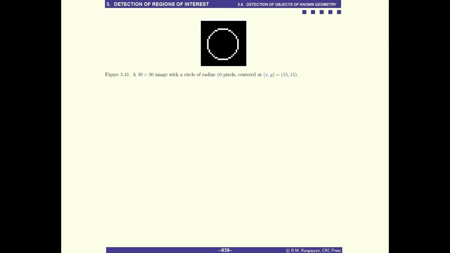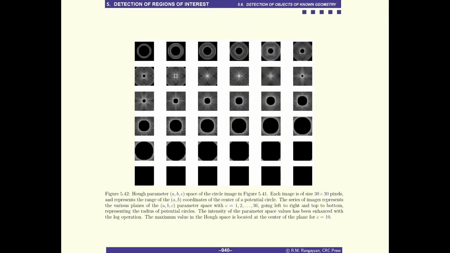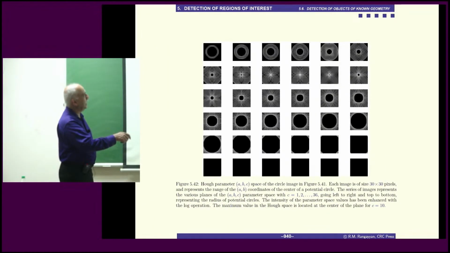So what you're doing essentially is for every pixel here, you draw a circle there of that radius. They're all a bunch of circles, but they're not intersecting. And here you're drawing those circles. But as you come here, they intersect at a common point. And then they diverge again.